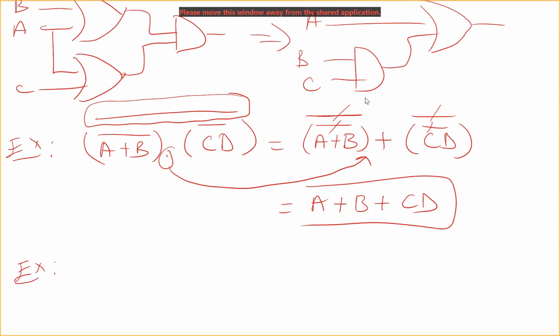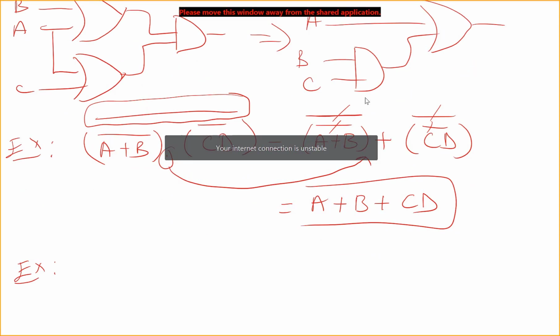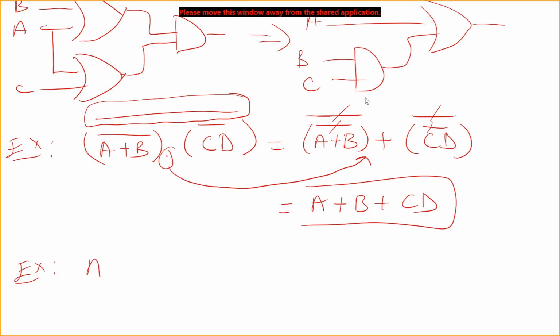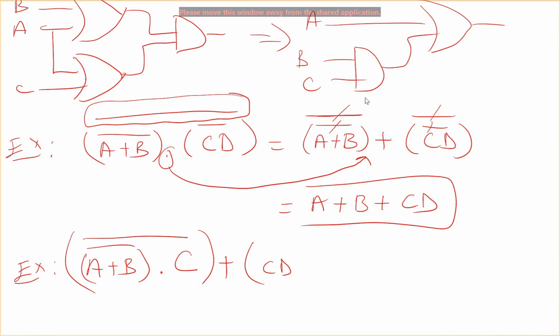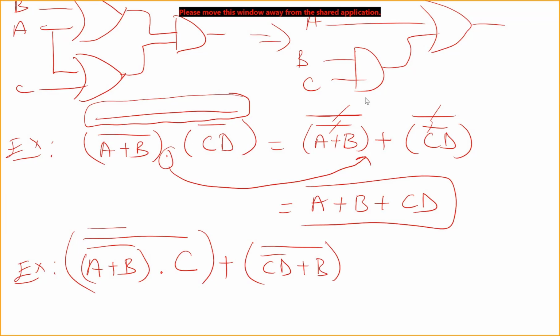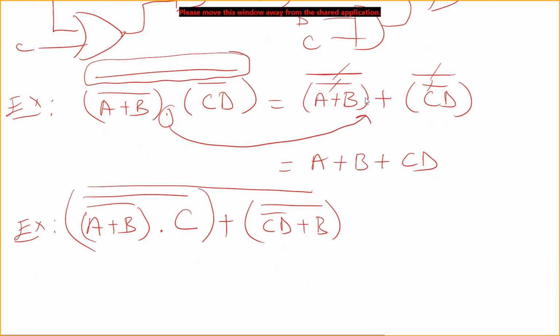A final example with these Boolean operations. In this case, I have A or B NOT and C, another NOT here, and then or CD NOT or B, another NOT, and then I will take NOT of everything. So let's try to minimize this.